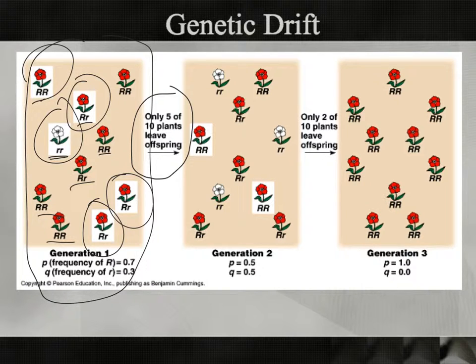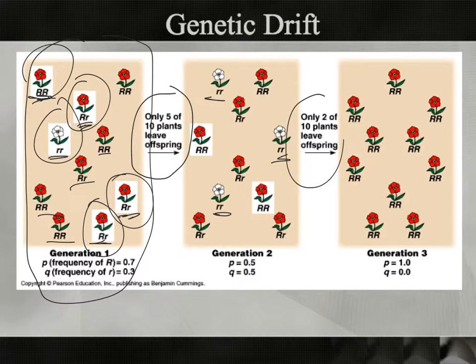Now what you're going to see is a change in the genetic drift because we have an increase in our heterozygous individuals who are bringing the recessive allele in, and only 1 homozygous dominant individual right here. So what you can see now is a lot more homozygous recessive individuals within our population.